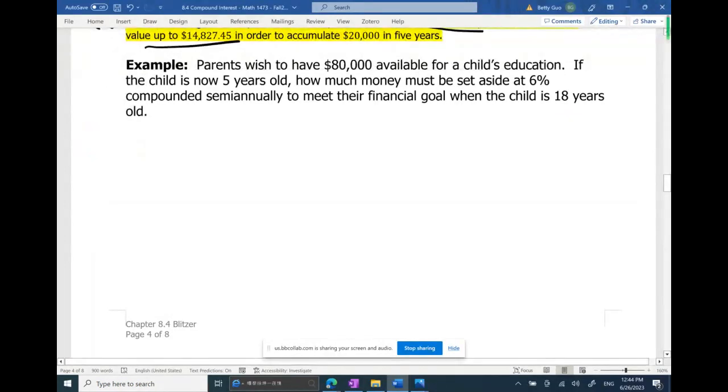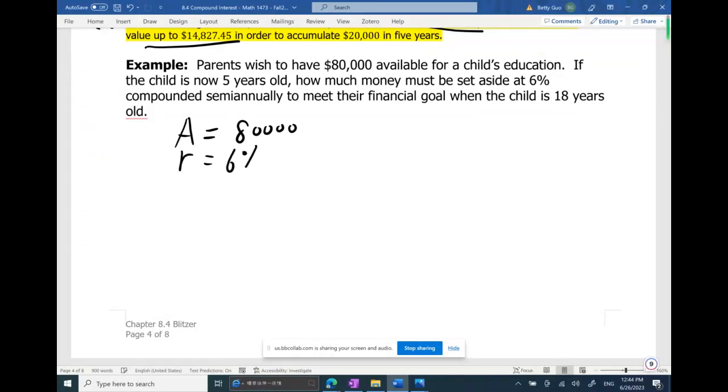We have future value 80 grand, annual interest rate 6%, 0.06, semi-annually, so n equals 2. T is not 5, is not 18, it is 13, because he's already 5 now. In 13 years, he's going to be 18, so the time is going to be 13.